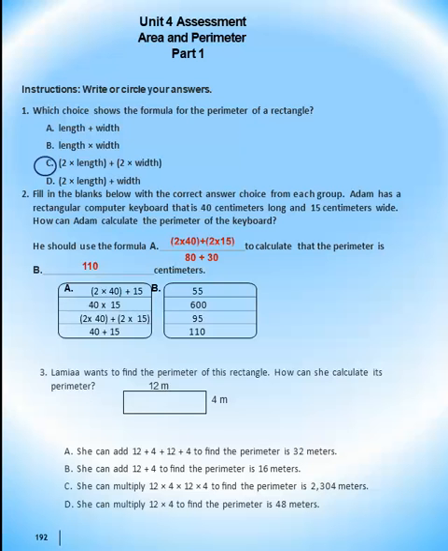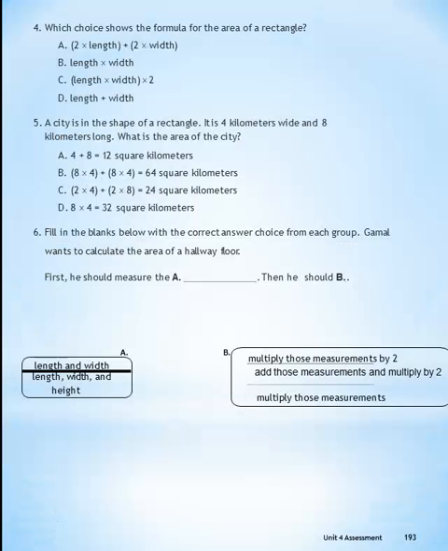She can add 12 plus 4 plus 12 plus 4 to find the perimeter is 32, or she can add 12 plus 4 to find the perimeter 16, or she can multiply 12 times 4 times 12 times 4. We know that the right rule is 12 plus 4 plus 12 plus 4, which equals 32 meters.